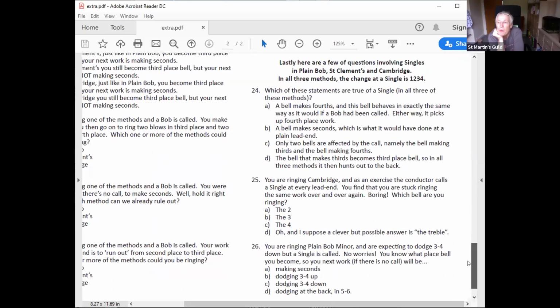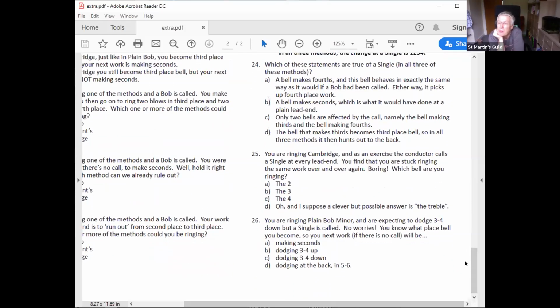There's also a point when with something like plain bob doubles, people will tell you that you can't ring singles in plain bob doubles. If you wanted to work out a single in plain bob doubles in the traditional way, where bells make seconds, thirds, and fourths, if you think about it, the unaffected bell is making long fifths, so that touch would immediately be false, because you'd repeat a row, because you'd have seconds, thirds, fourths, and fifths being made, as well as the treble leading.